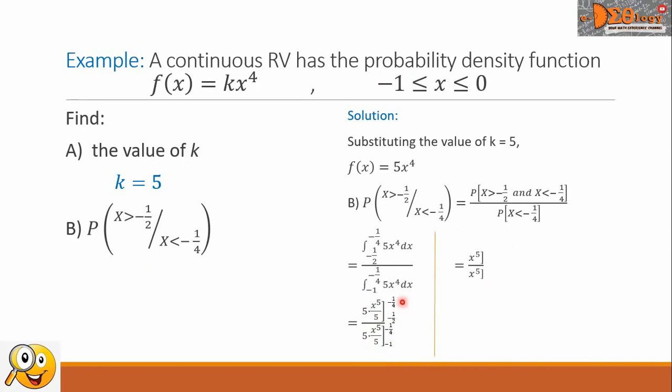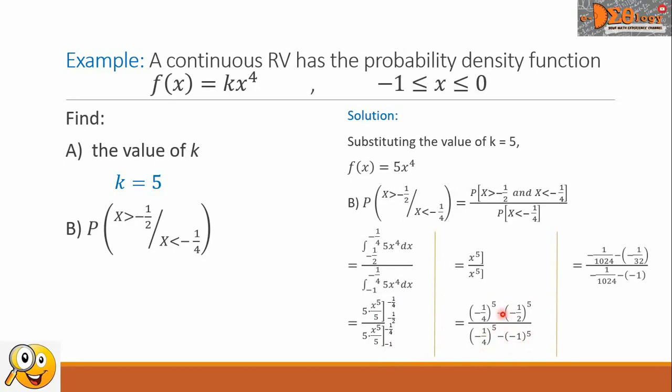We will write the respective limits here and here. Simplifying this portion now, we have the negative 1/4 raised to 5 minus the negative 1/2 raised to 5 all over the negative 1/4 raised to 5 minus this negative 1 is also raised to 5.